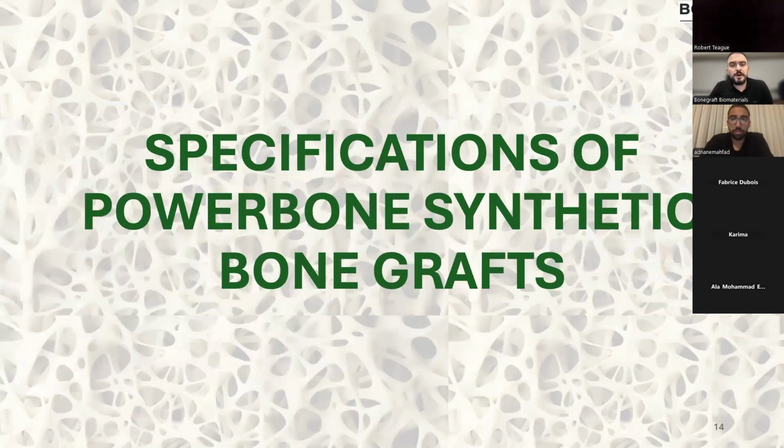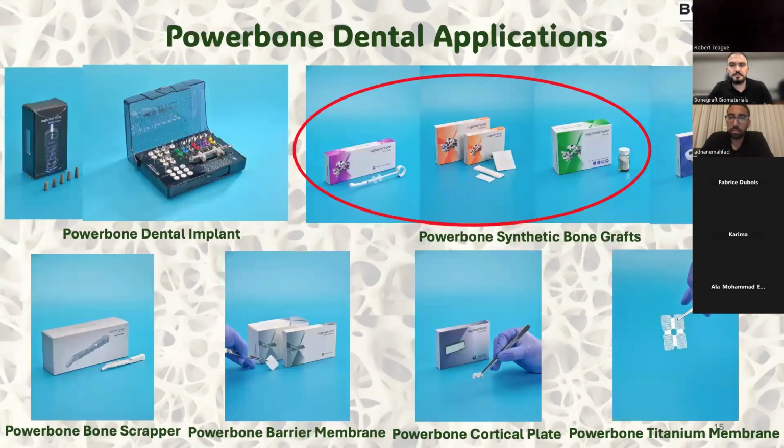So in the webinar content today, we're going to cover 3 of our products and clinical results. I will briefly discuss specifications of those 3 products, and our key opinion leaders are going to discuss the clinical results.